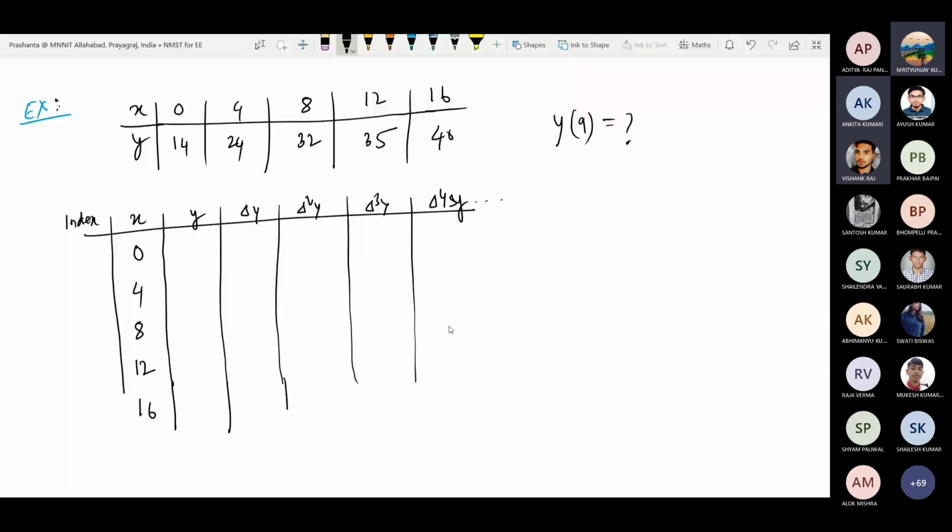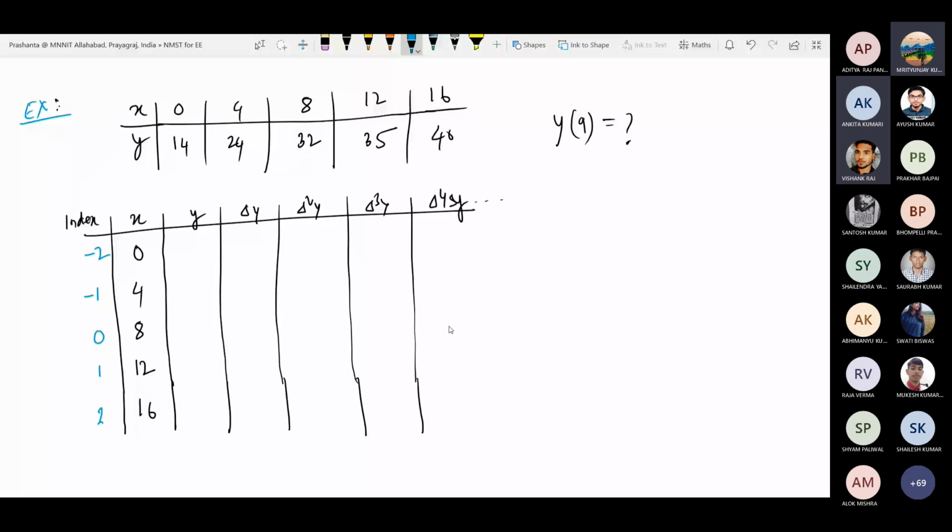This time I will try to create the table in a symmetric manner. So 8 you are choosing as center. What is the index for the element 8? 0. Index for 4 is -1, index for 0 is -2, index for 12 is 1, index for 16 is 2.